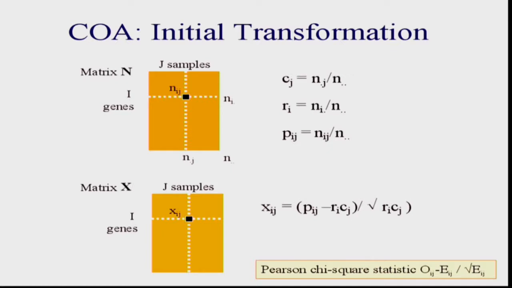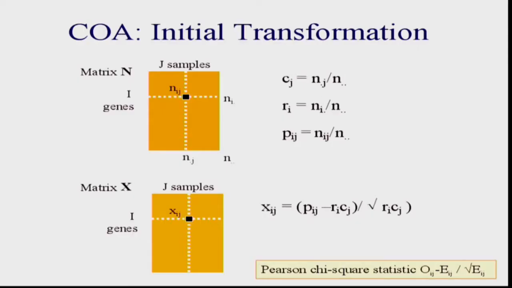The column weight here is basically the sum of that column divided by the total of the matrix. The row weight is the sum of the row divided by the total, and our point here is basically that point divided by the total of the matrix. So this is the contribution of that sample to the matrix, the contribution of that column to the matrix, the contribution of that row.